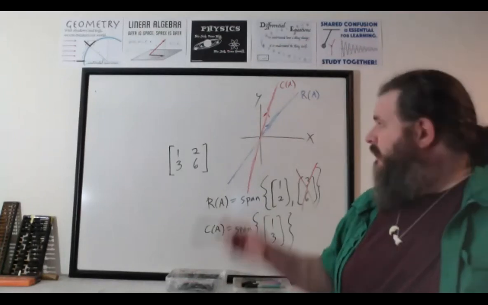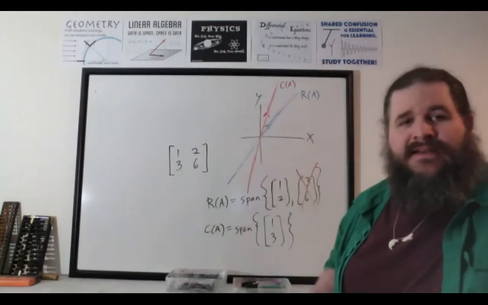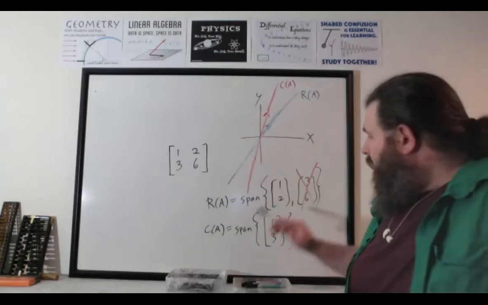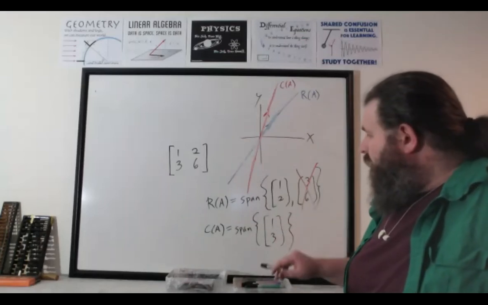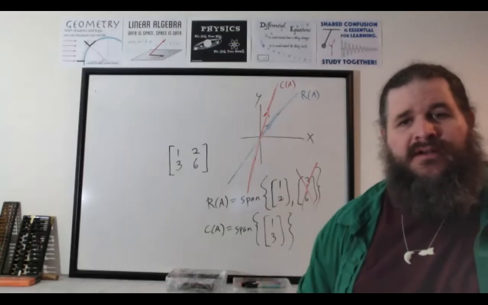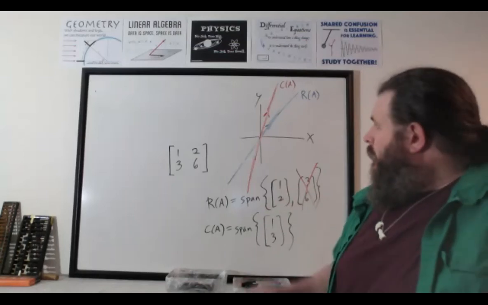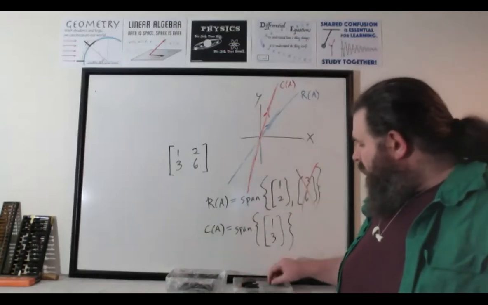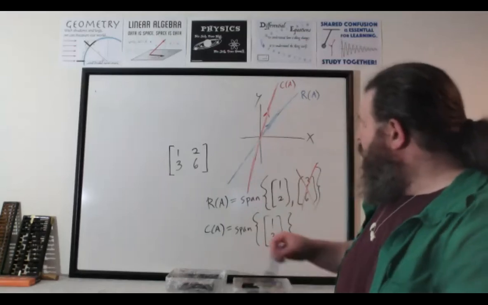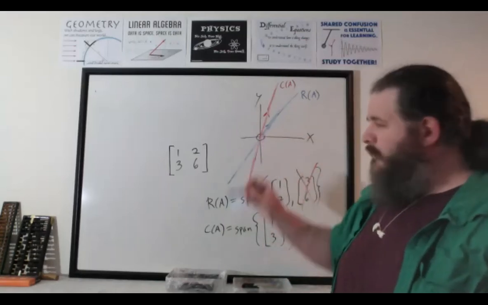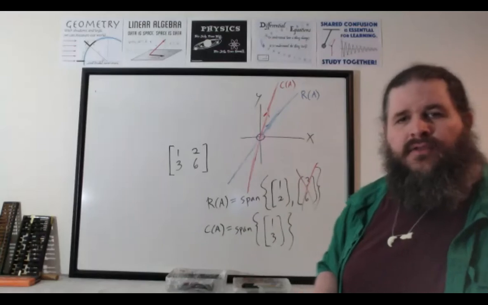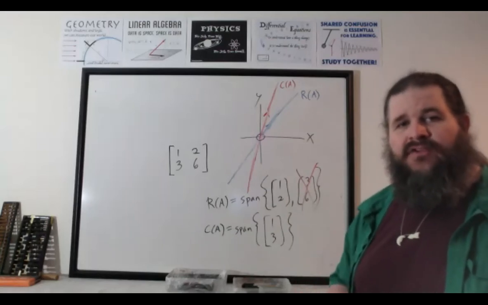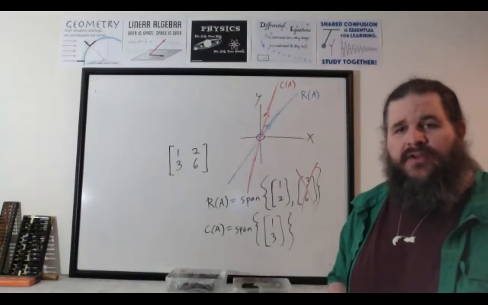No. We can tell visually from this graph, these are definitely different. We can also tell algebraically from the fact that 1, 3 is not a scalar multiple of 1, 2. They're linearly independent. But from the graph, it's pretty clear that the only thing they even have in common is the origin, which is a member of every vector space anyway. So these are definitely two different vector spaces, two different subspaces of R2.